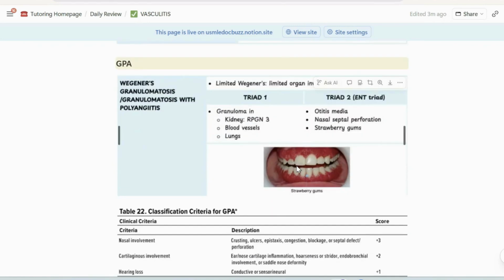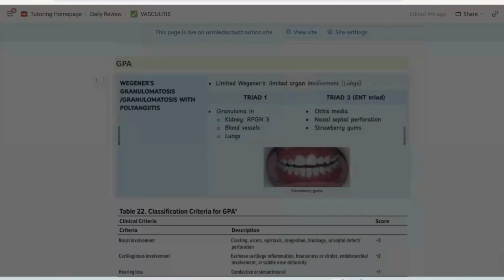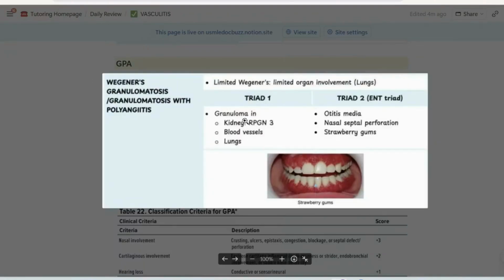Okay. Then we go into granulomatosis with polyangiitis. Okay, GPA. I will refer to this as GPA from here. Now, GPA, you may see two triads. Okay. First of all, the triad one that they want you to focus on is kidney involvement, blood vessel involvement, and lung involvement.